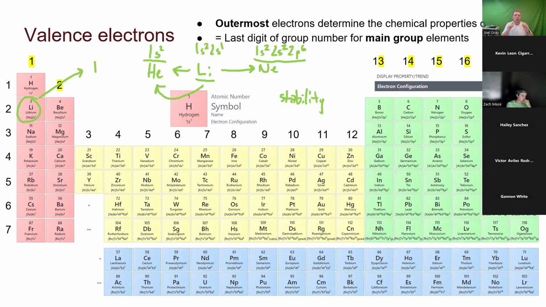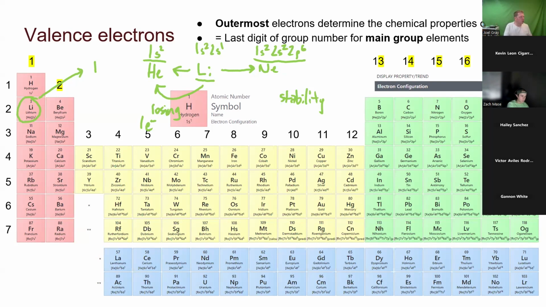No. The way that lithium would take on the same electron configuration as helium is by losing one electron. Can you give me a T in the chat if you follow that and you agree with that idea? Okay.